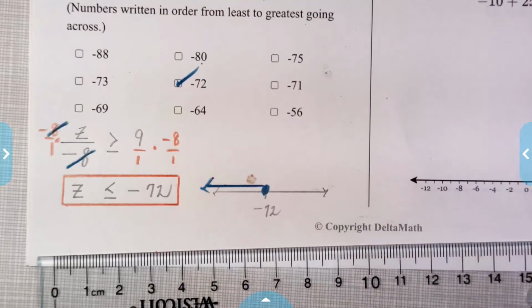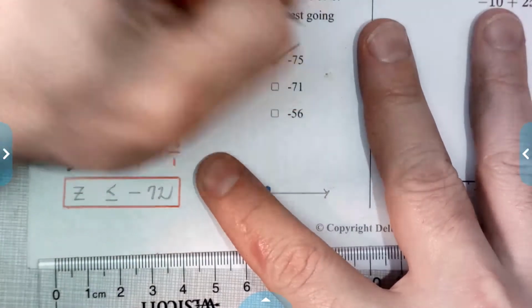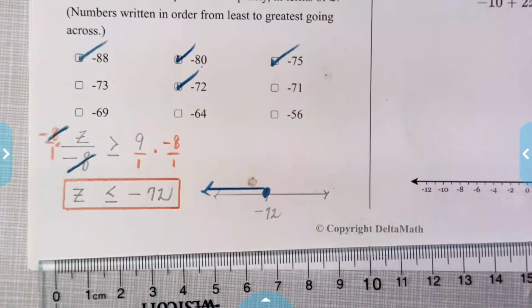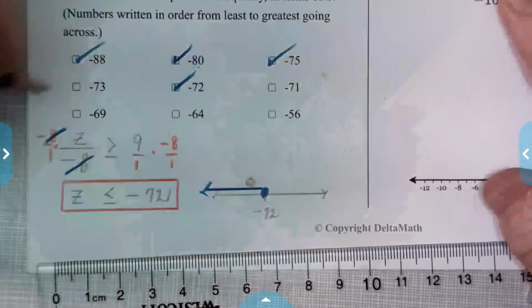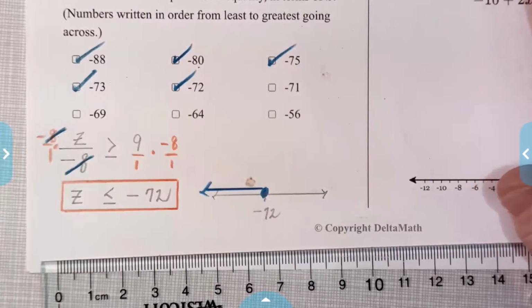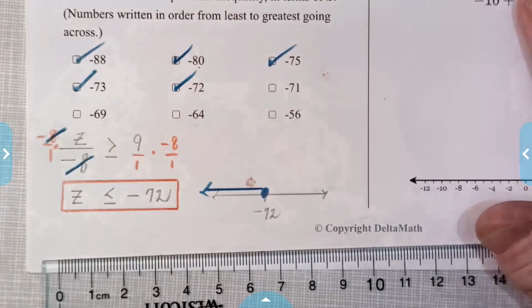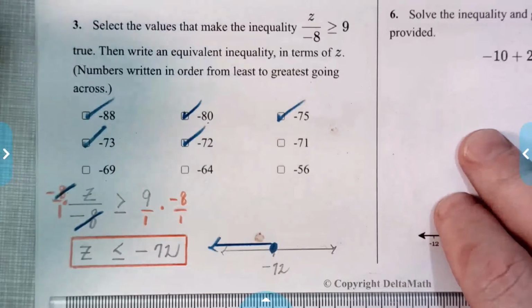And now every number that is more negative, like negative 80, negative 75, negative 88. And I believe that's it. Hold on, I think here, negative 73. Okay, now I got them all. And the rest of these are less negative, if that makes any sense. Okay, so we are done with number 3.